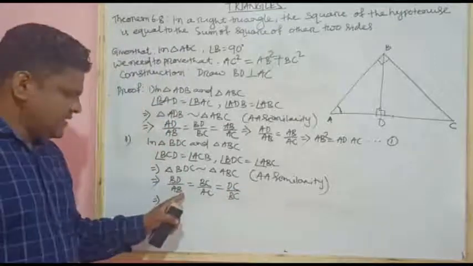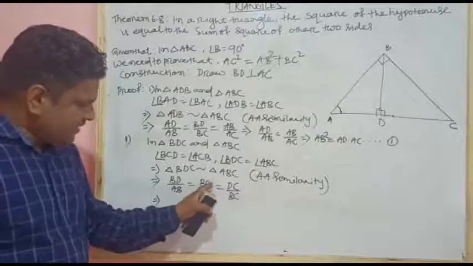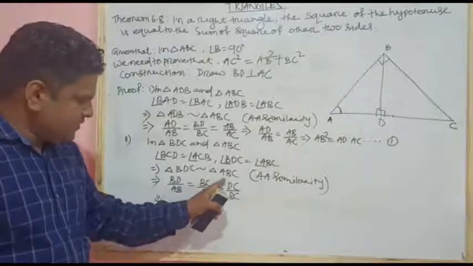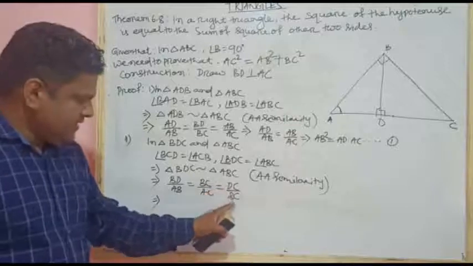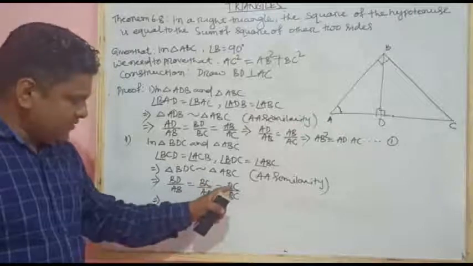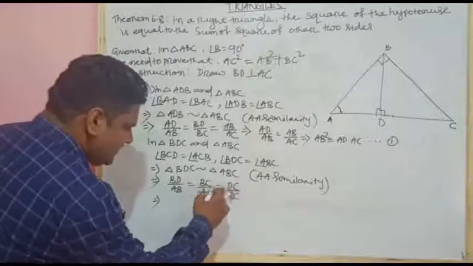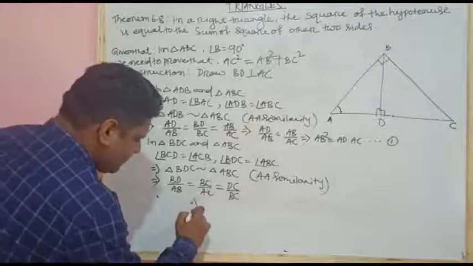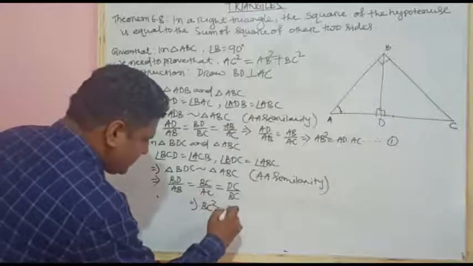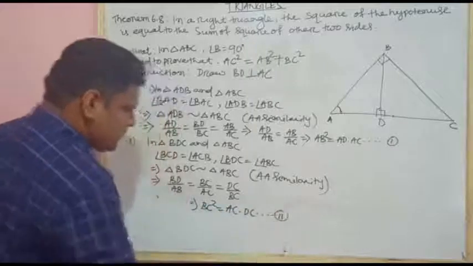The first similarity is not required. From the second similarity, BC by AC equals DC by BC, we can do cross multiplication for this purpose and write BC square equal to AC into DC. Let it be equation 2.